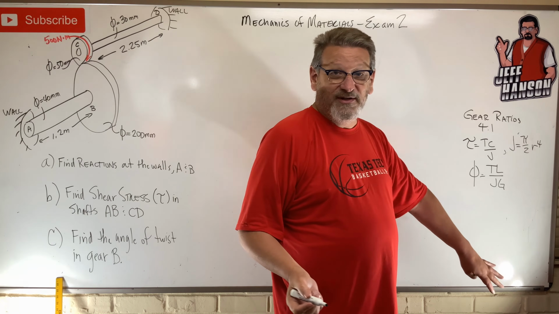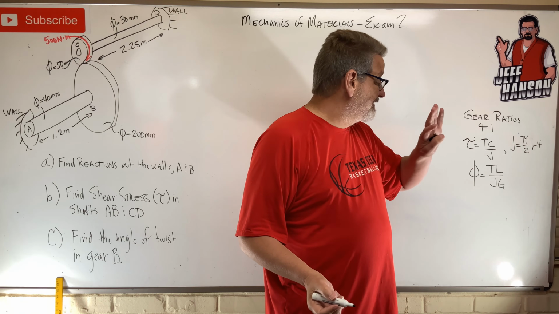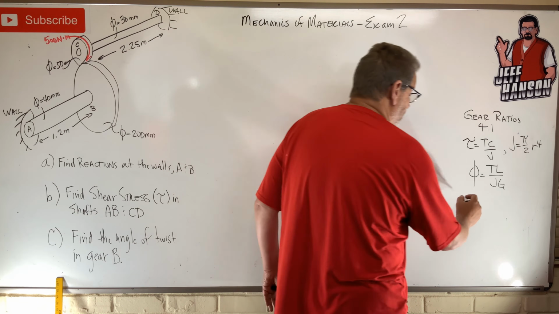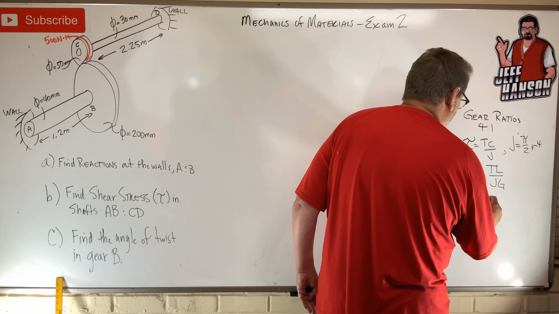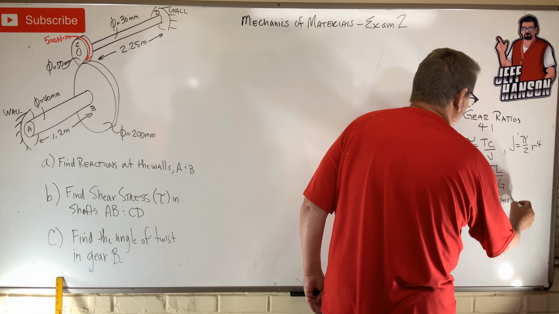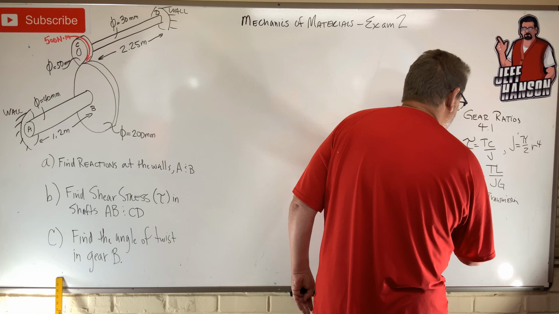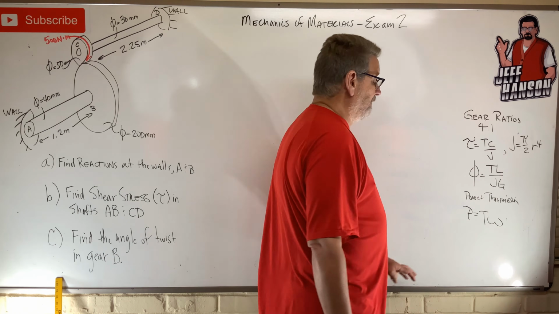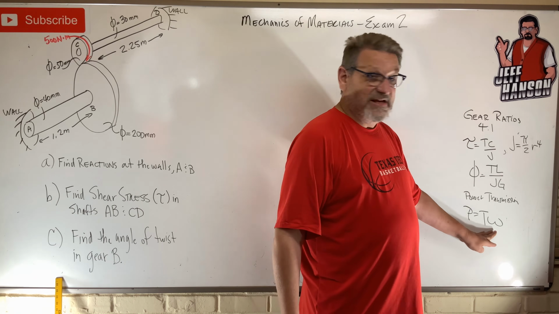So the one torsion equation we don't have up here, we got everything else in the world, is power transmission, okay? And I'll just quickly put that up there for you. P equals T times omega, or as my students call it, T booty.